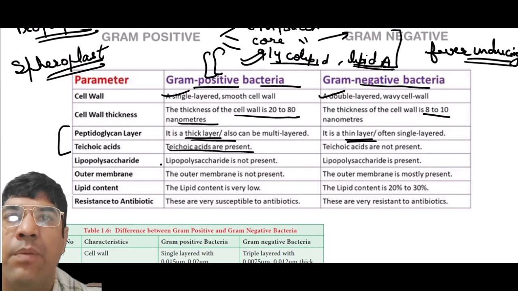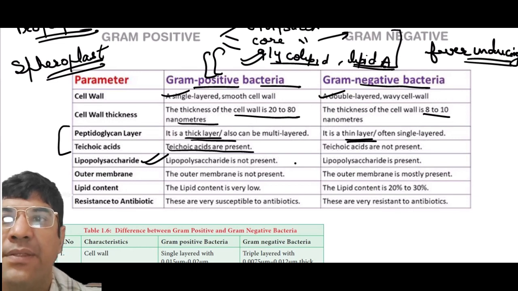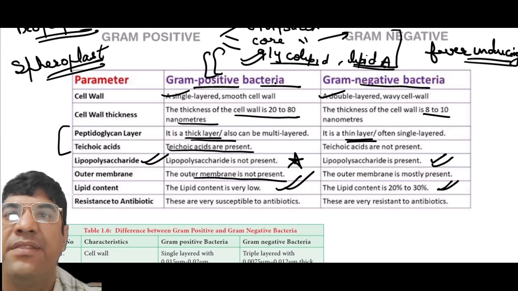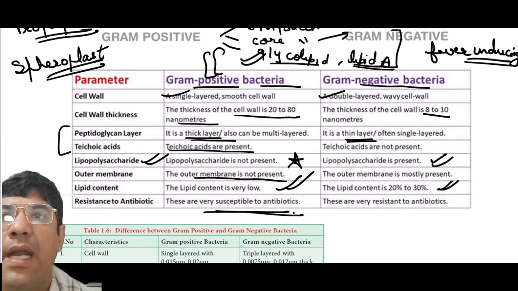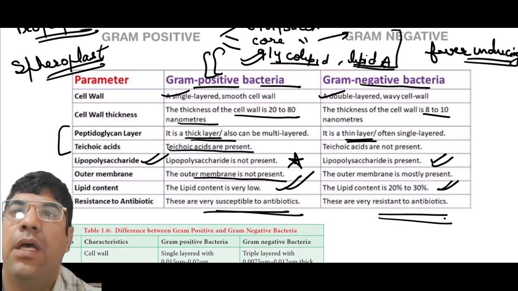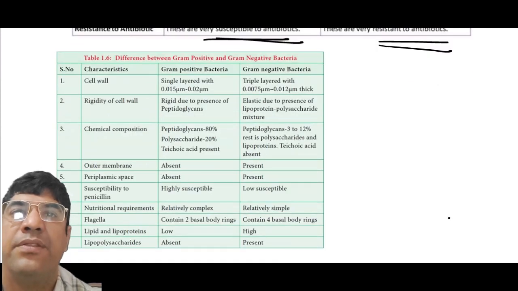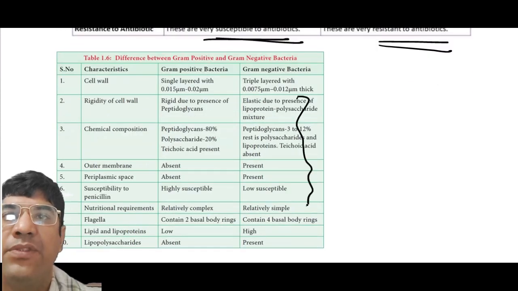Lipopolysaccharides, remember, are not present in the gram-positive bacteria, present in the gram-negative bacteria. Outer membrane is not present in gram-positive bacteria. Lipid content is very low. Lipid content is around 20 to 30%. The gram-positive bacteria are very susceptible to antibiotics, and gram-negative bacteria are resistant to antibiotics. So this one is the key difference between the gram-positive and gram-negative bacteria.